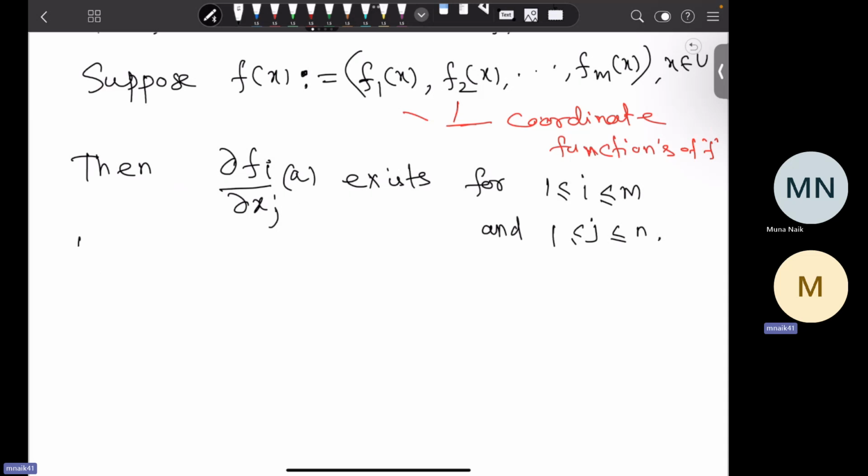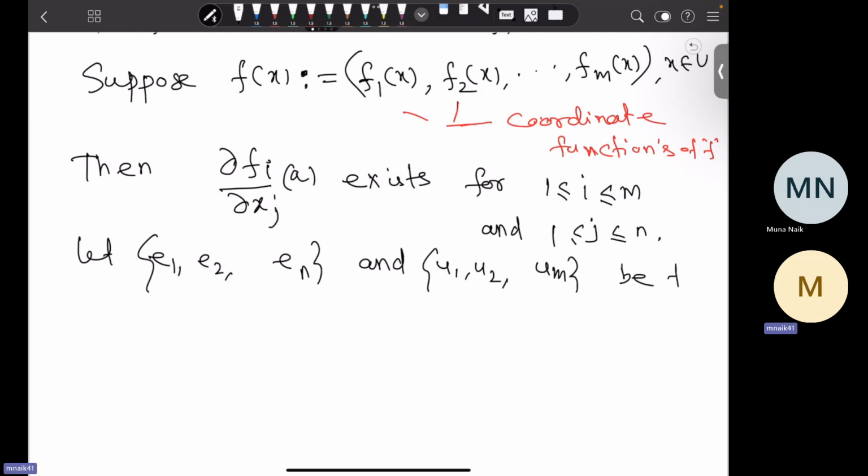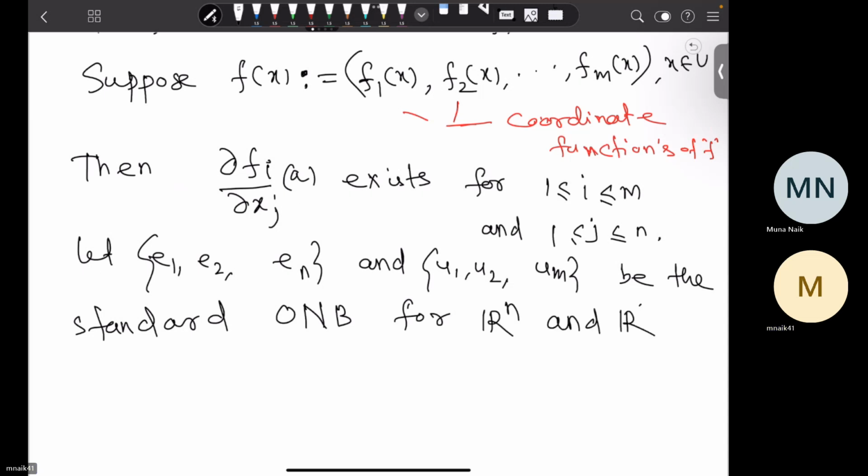Let e1, e2, ..., en and u1, u2, ..., um be the standard orthonormal basis for Rn and Rm respectively.